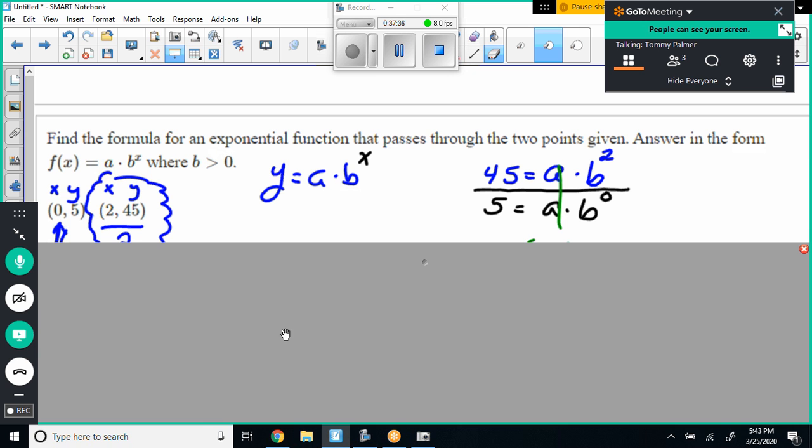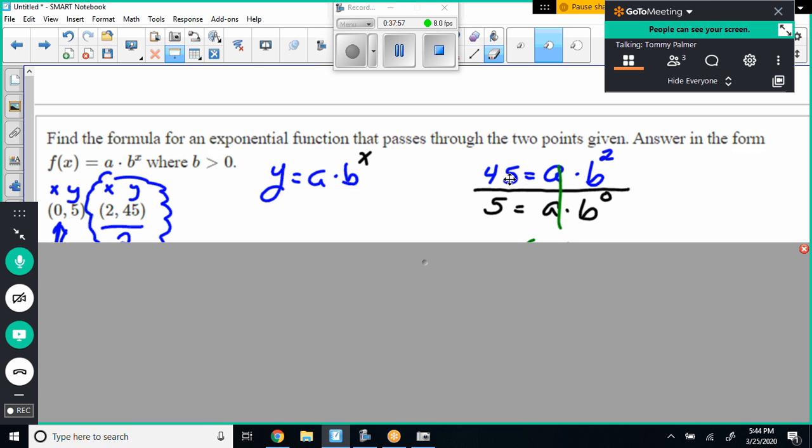You always take the second one divided by the first one, or this one divided by the previous one. There's an x and a y on both of these ordered pairs. So the equation is y equals a times b raised to the x.